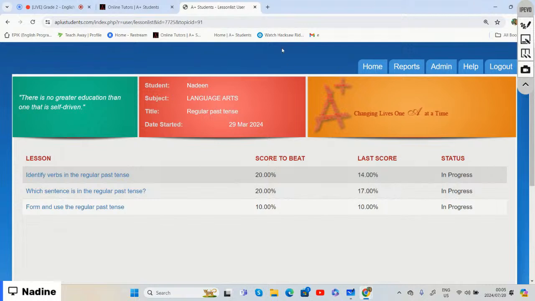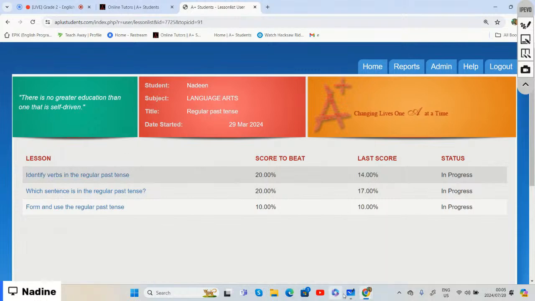All right, so this is a continuation of our previous lesson where we also did regular past tense. In our previous lesson, we had to identify verbs in the regular past tense, and then say which sentence is in the regular past tense, right?